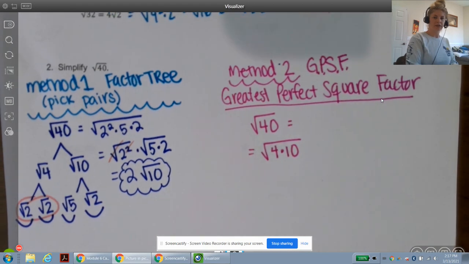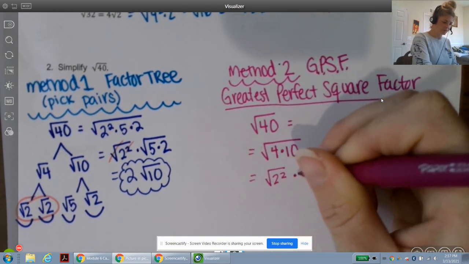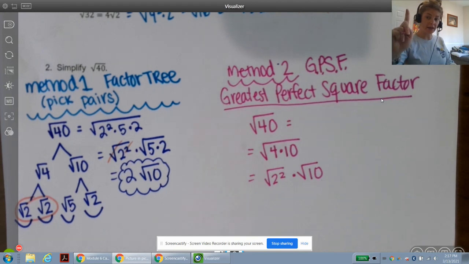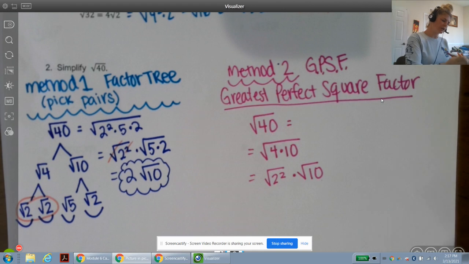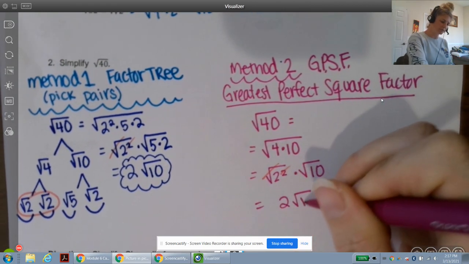And we know that the square root of 4 is 2, since square roots and squares are inverse operations. And 10, we can't break it up into any other perfect square factors. Its greatest perfect square factor is 1, so I know it's already in the simplest form. So this is 2 square root 10.